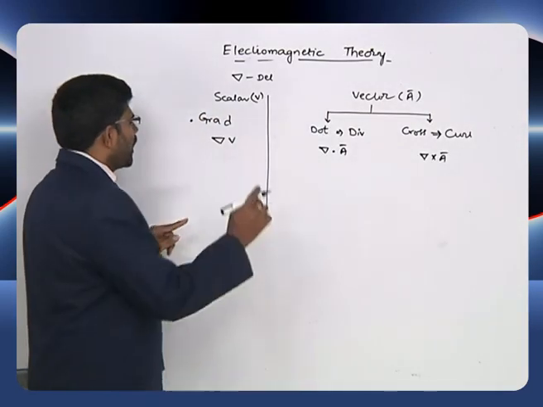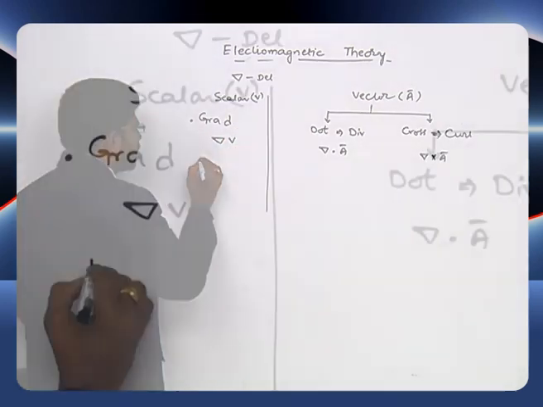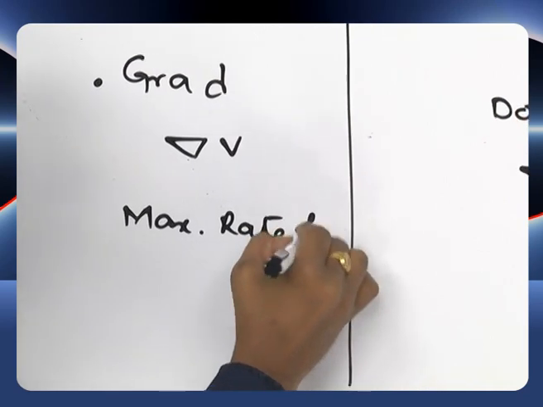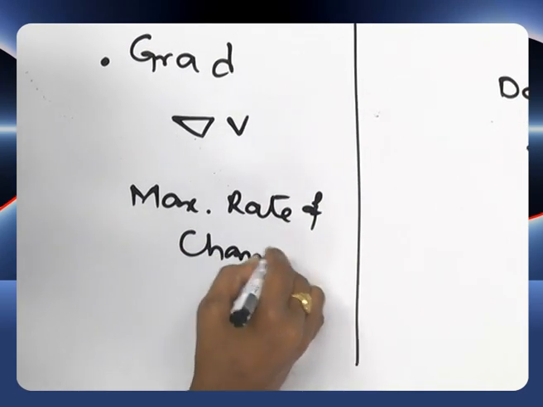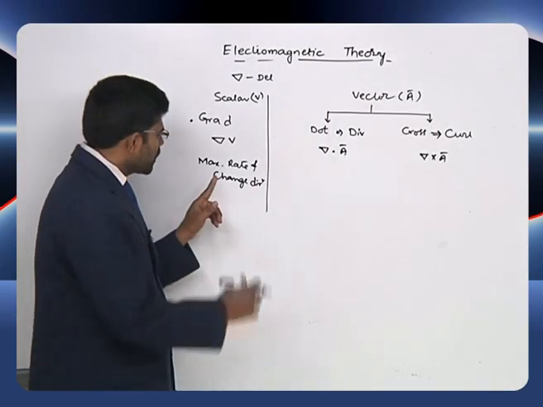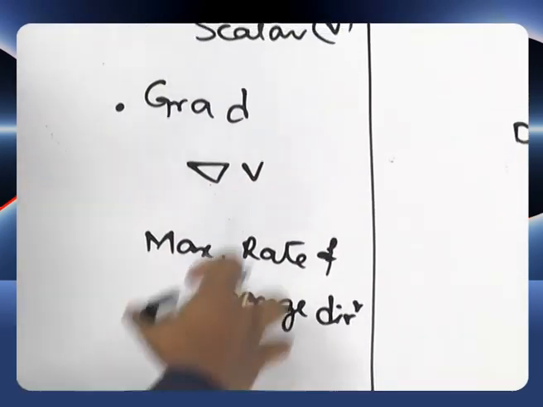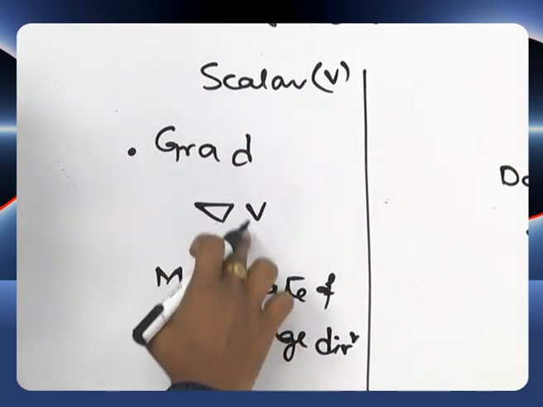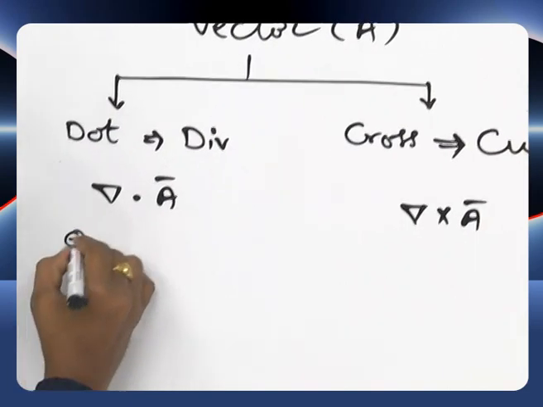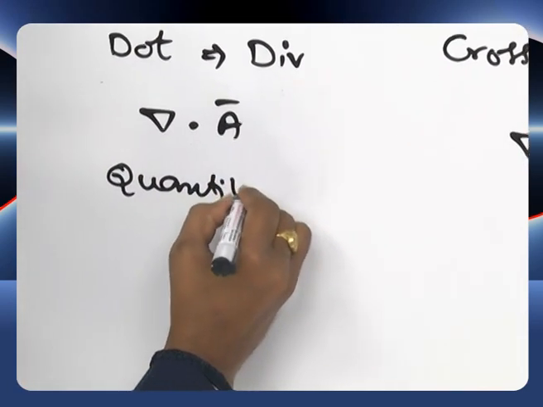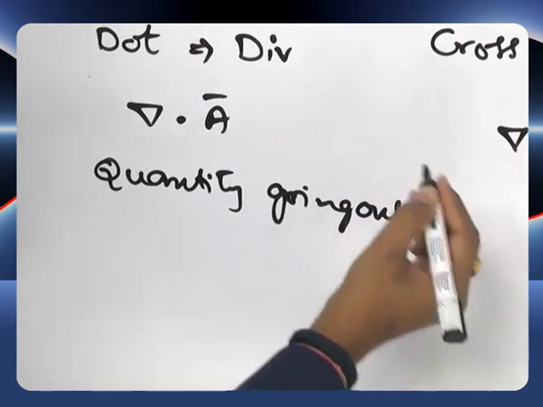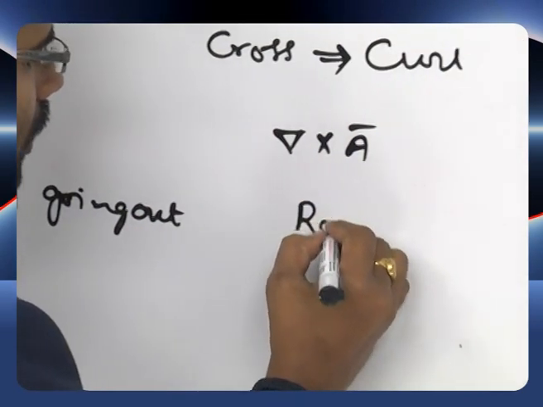Then gradient of V gives the maximum rate of change direction. So in which direction this particular scalar quantity is varying rapidly can be observed using our gradient. Divergence gives the quantity going out or oozing out, and curl gives rotational nature.